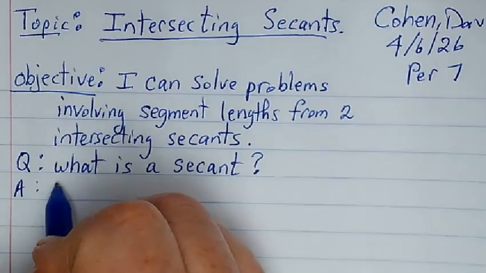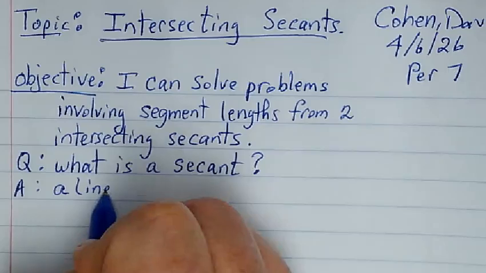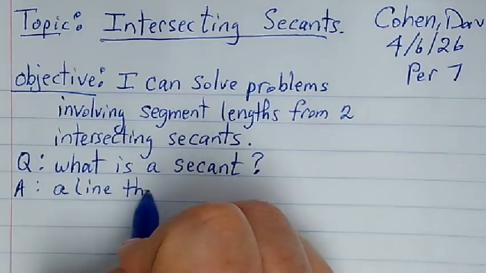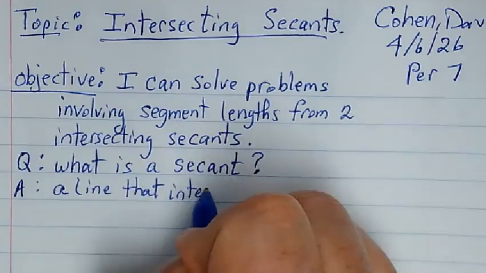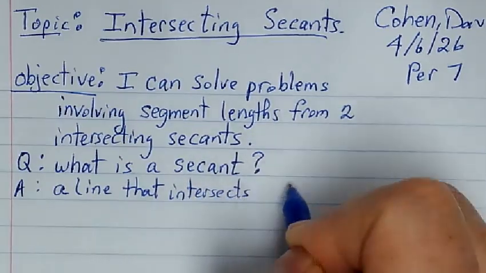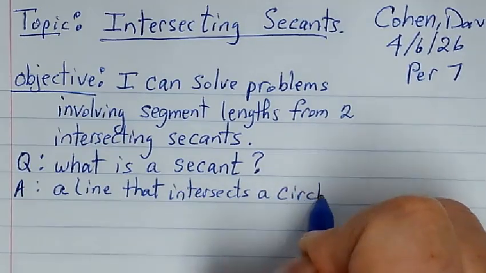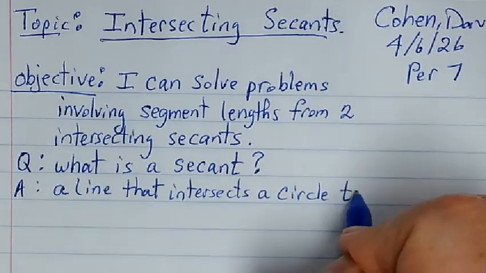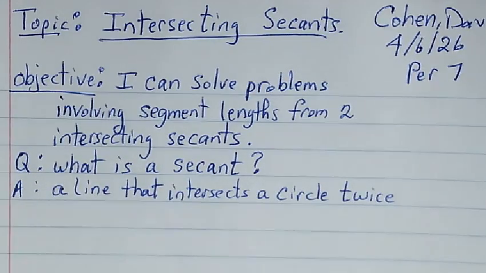A secant is a line that intersects a circle twice. That means 2 times. Now write that down, and if you're wondering what that means, I'm going to draw a picture of it. We'll take one step at a time.